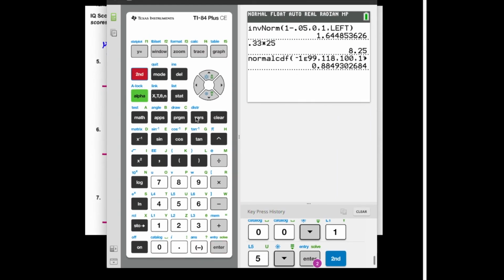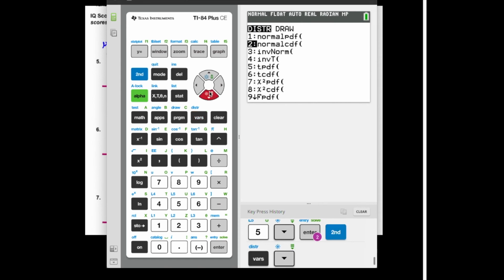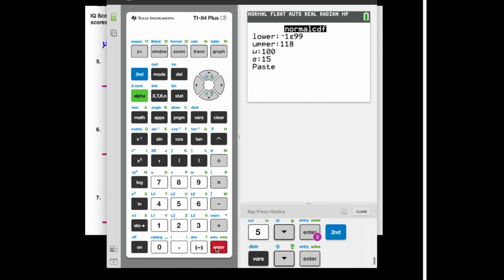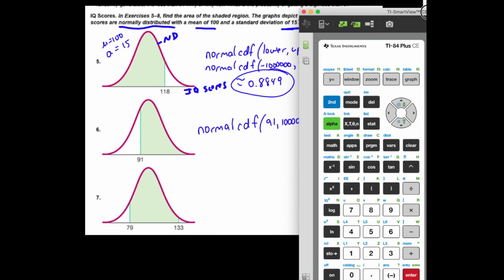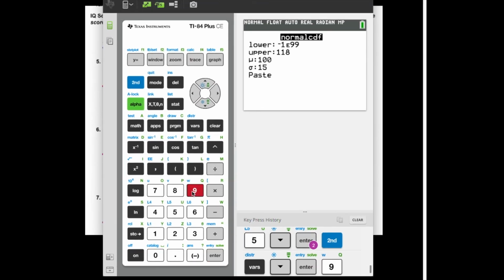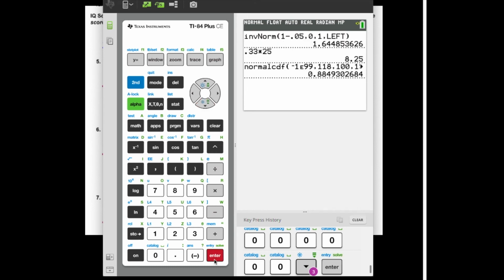So second vars, normal CDF, which is number 2. Enter. My lower bound was 91. My upper bound is a large positive number, 1 with a bunch of zeros. My mean is 100 and the standard deviation is 15. I have to make sure that's there, right? Enter again, 0.7257.